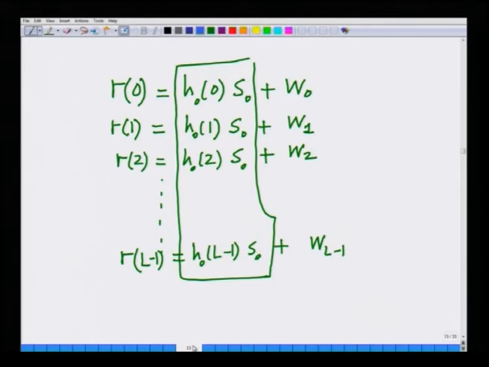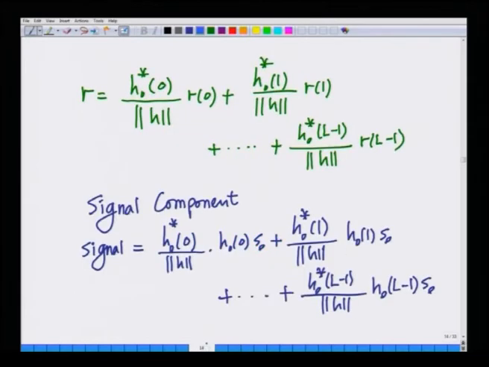R L minus 1 corresponds to the Lth arriving path, and this is, we said, similar to the maximal ratio combining scenario, similar to what we have also seen in the rake. So, I can combine all these components using weights, that is H naught conjugate 0 divided by norm H into R0 plus H naught conjugate L minus 1 divided by norm H into R L minus 1, and that is my net maximal or rake combined statistic.